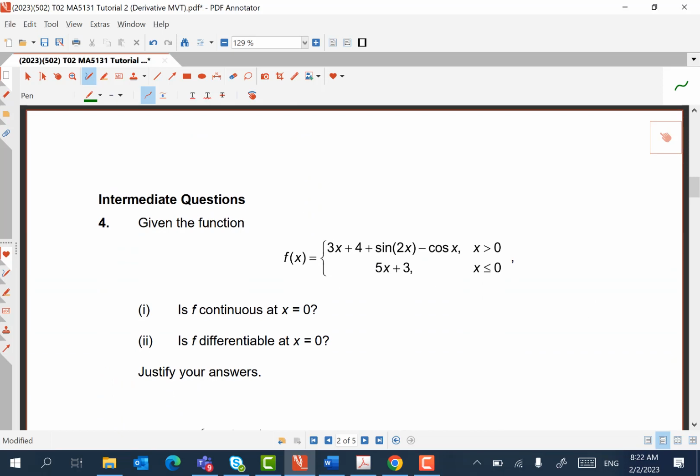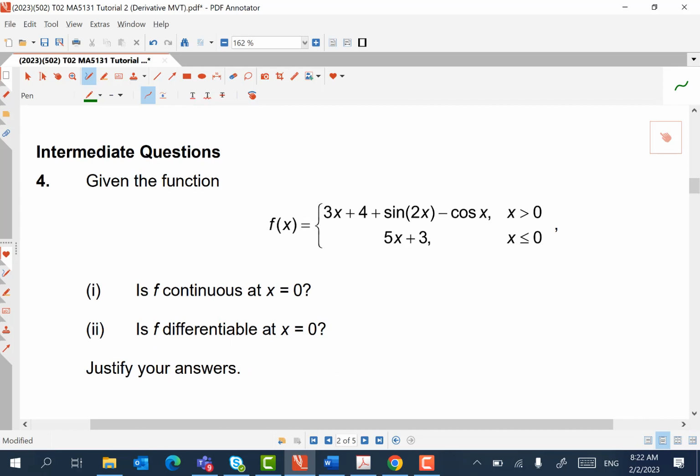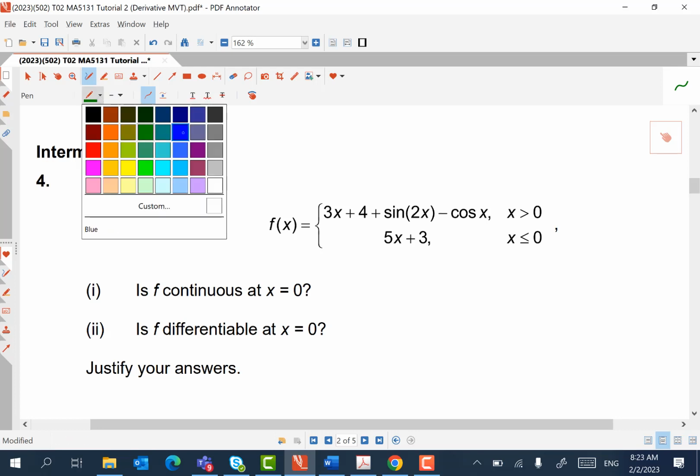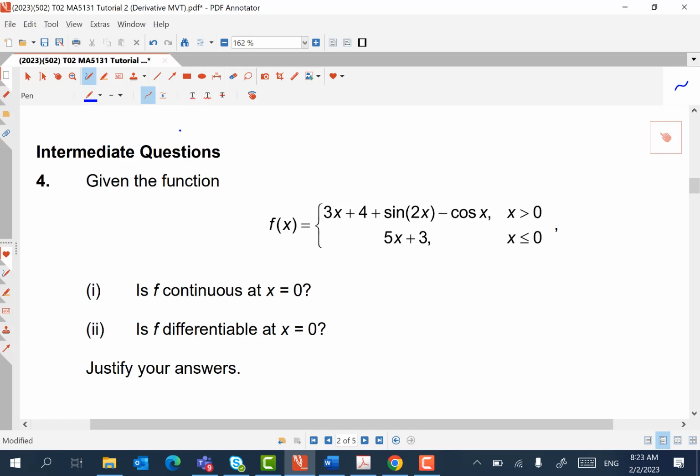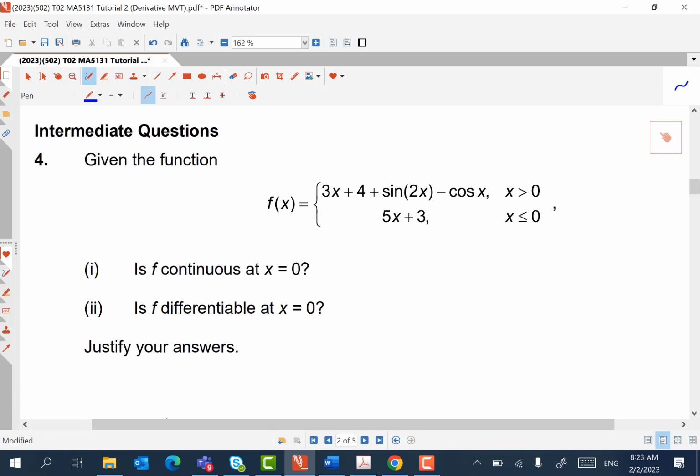Okay, for question 4. Okay, Kaita, you think you're ready? You want to lead us to do question 4? How do you go about question 4? How do we want to achieve question 4?